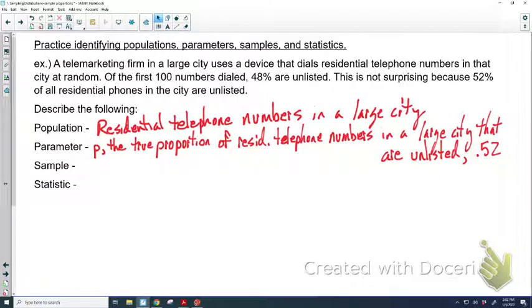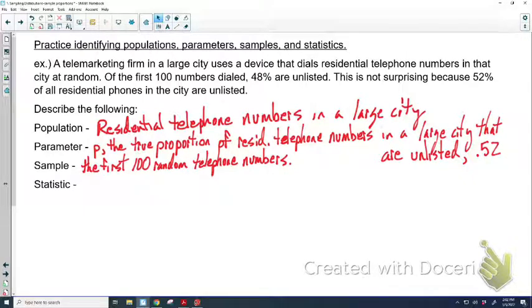All right, the sample, we took 100, let's say the first 100 random telephone numbers. Once again, this is just a sample. What did I sample? Sampled those 100 numbers.